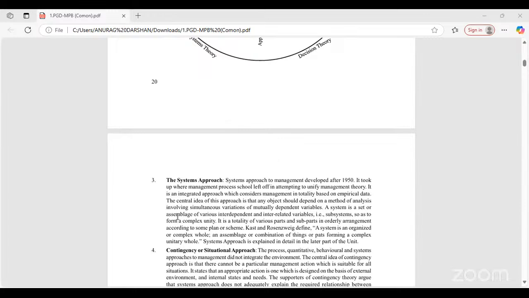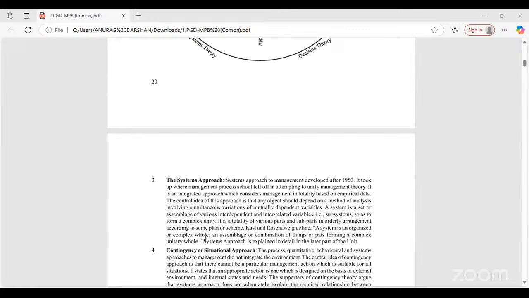And then we have the systems approach. The systems approach depends upon the management process school. A system, by definition, is a set or assemblage of various interdependent or interrelated variables.